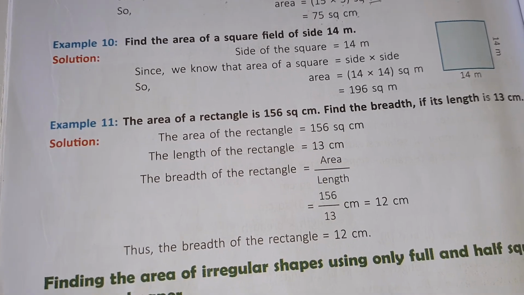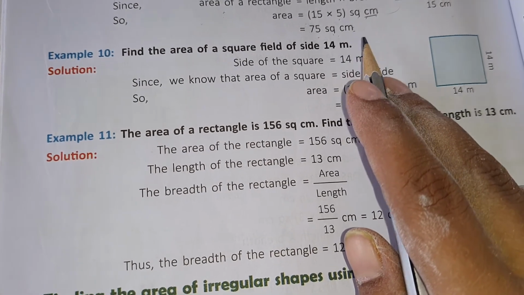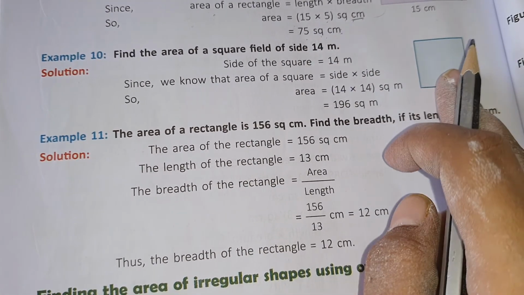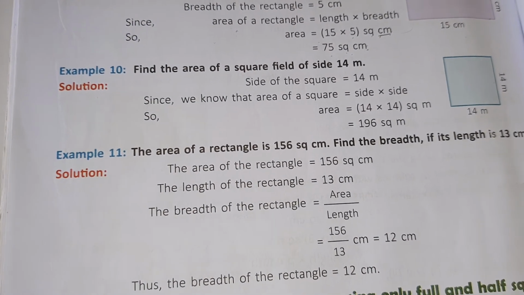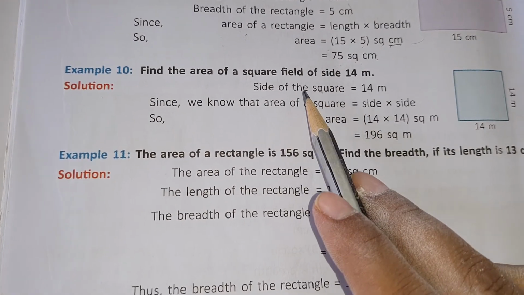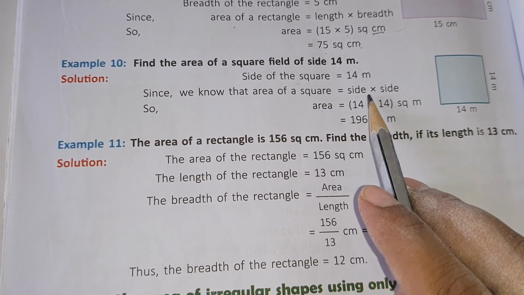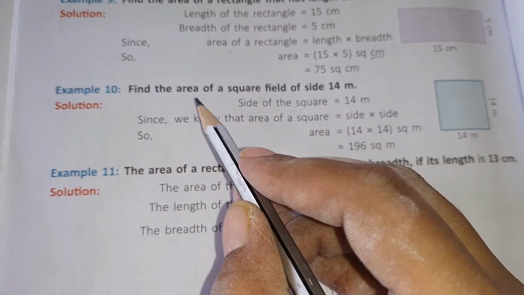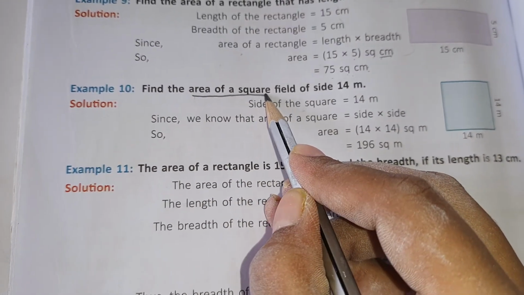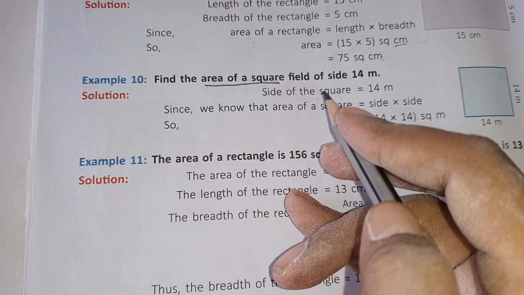Okay. Now look at the next example, that is, find the area of a square field of side 14 centimeter. As we have here in this square, you can see 14 centimeter is written there. So the side of the square is equal to 14 centimeter, and we already know the formula of the area of a square, that is length into length, or you can write it as side into side.